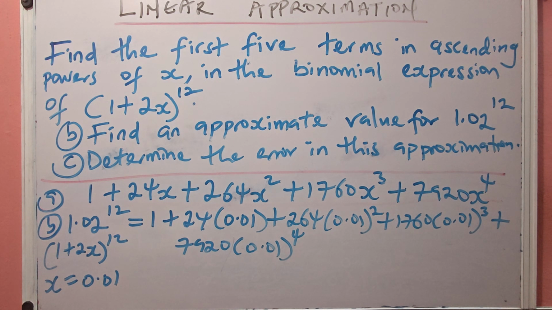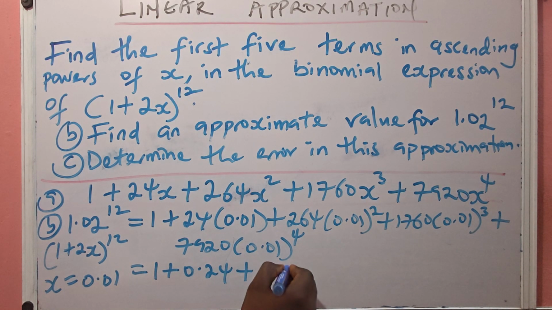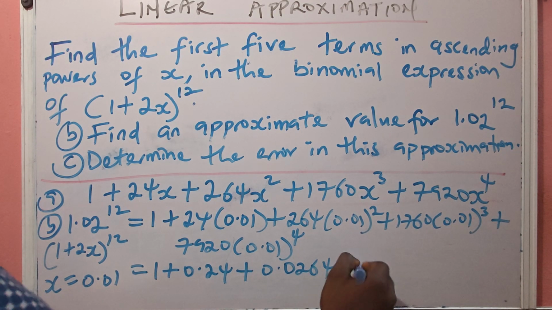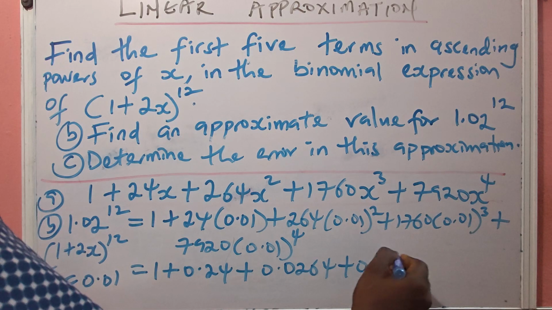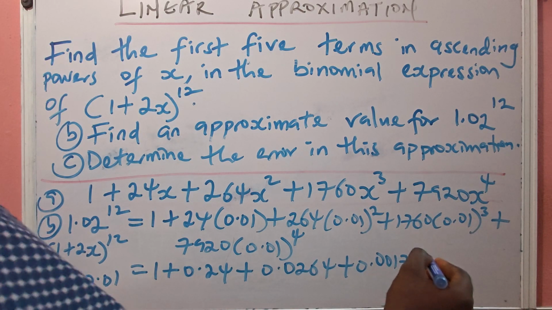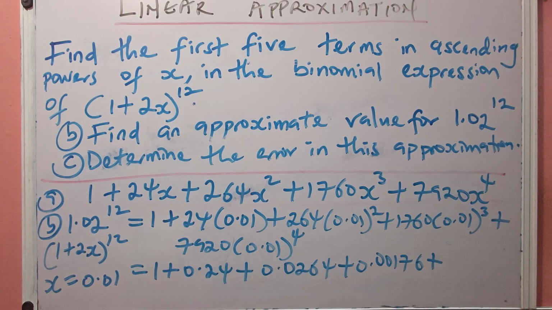All right. So if you go on to calculate this, you'll be getting 1 plus 0.24 plus 0.0264 plus 0.00176, then plus 0.000792. All right.